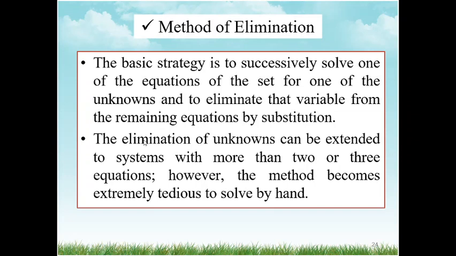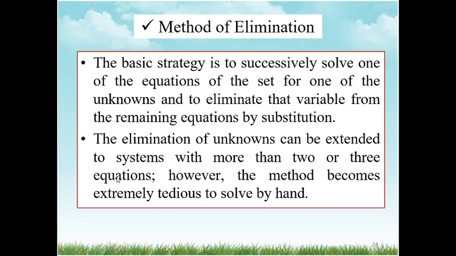The method of elimination is more versatile, in which it can cover more than three equations. If you can recall, Cramer's rule can only deal with at most three equations. It cannot solve problems involving more than three equations. But for the method of elimination, we can use it to solve more than three equations.